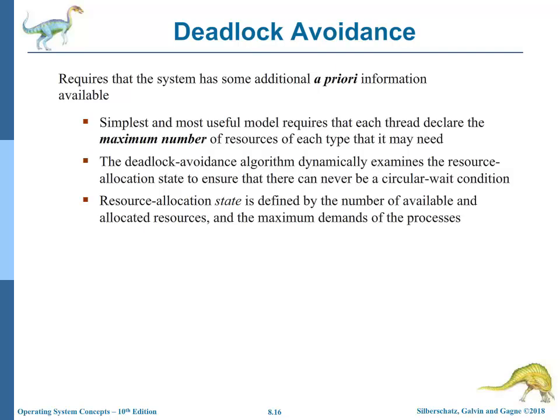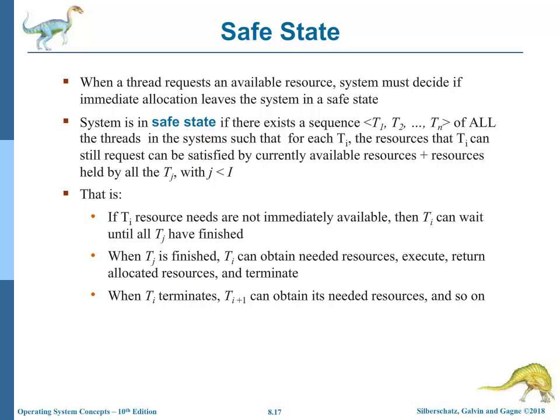The resource allocation state is defined by the number of available and allocated resources and the maximum demands of the threads. A state is safe if the system can allocate resources to each thread up to its maximum in some order and still avoid a deadlock.